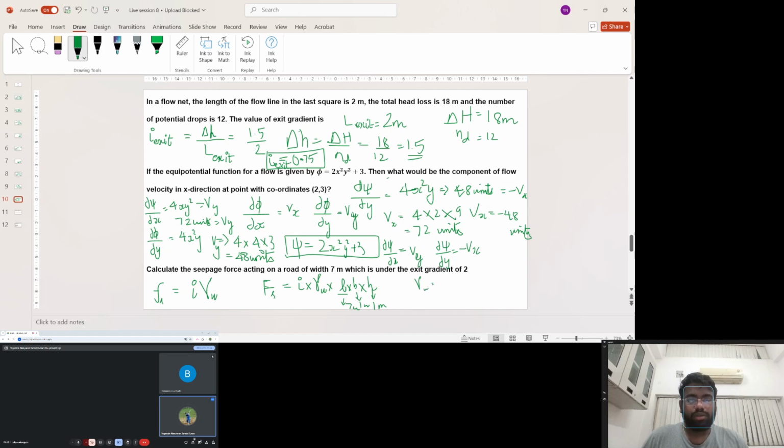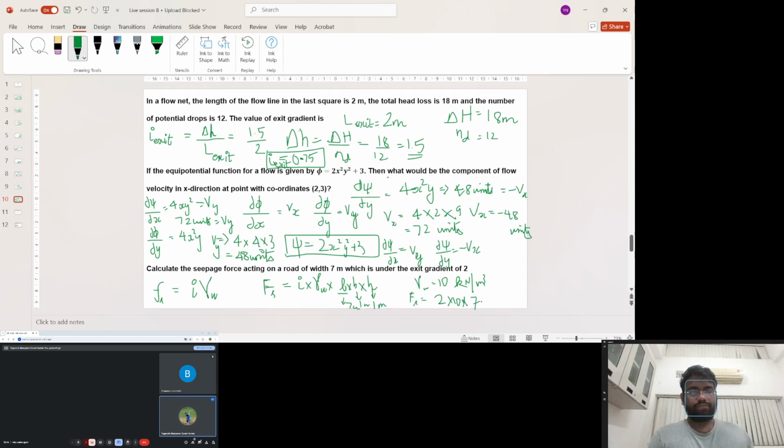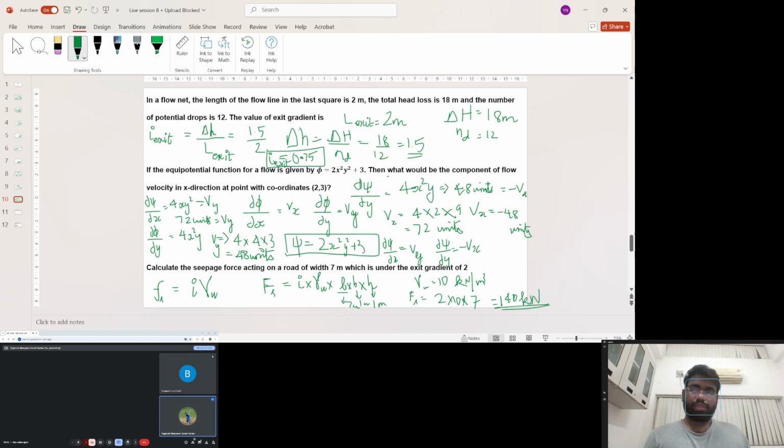Let gamma w be 10 kilonewton per meter cube. Now the seepage force in this condition will be 2 into 10 into 7 into 1, so that will be 140 kilonewton. Any doubts?